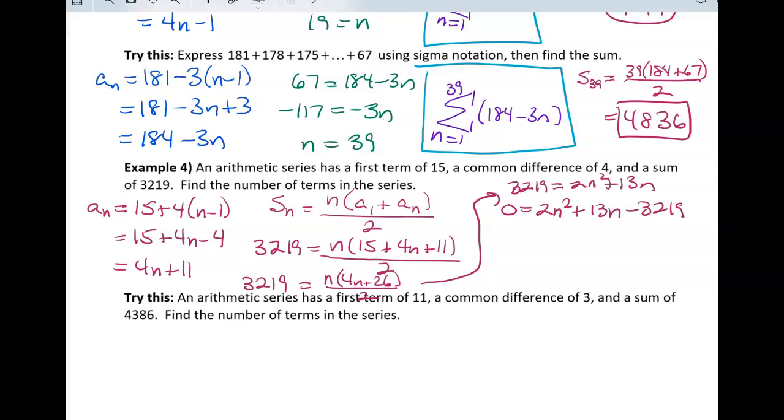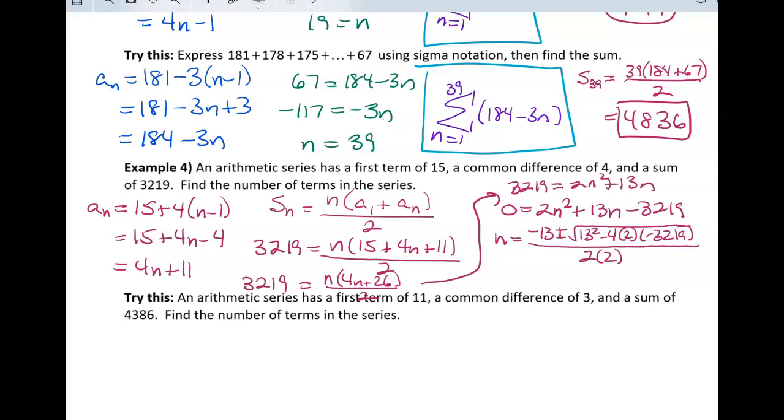And now this is probably factorable, but these numbers are way too big for us to worry about that. So we have a calculator. We're definitely going to use the quadratic formula on this one. So n equals the opposite of b plus or minus the square root of b squared minus 4 times a times c, and remember c is a negative number, so be sure to include that, and then all over 2 times a, which is 2.